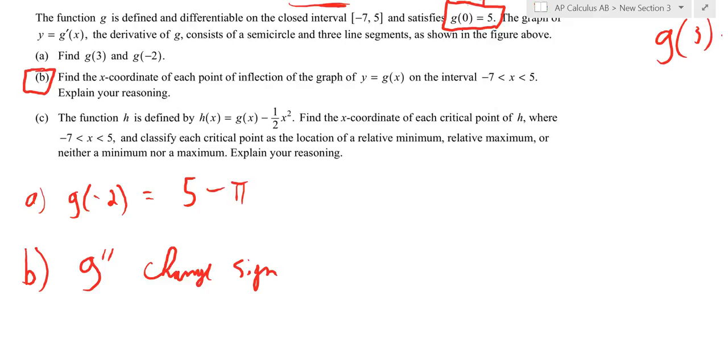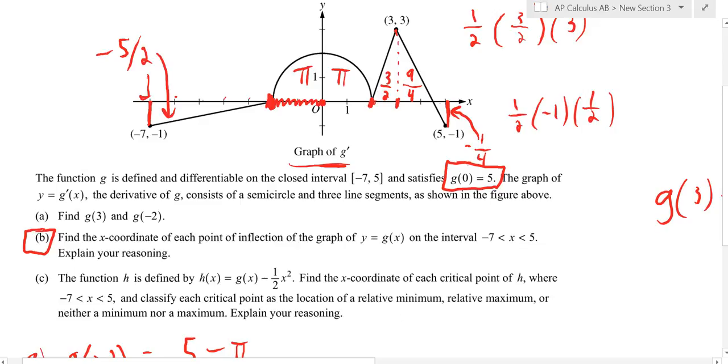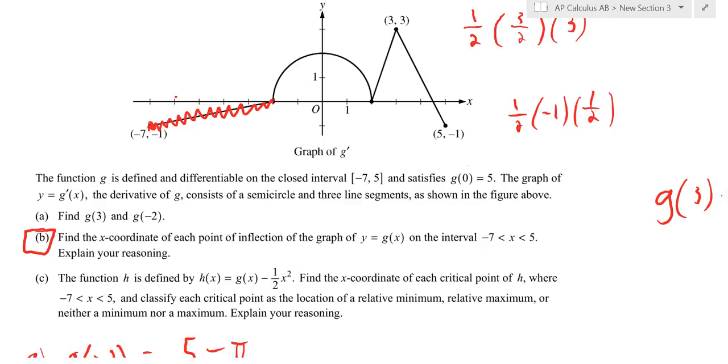Okay? Now we don't have g double prime. We have g prime. Cool. However, from g prime we can look at this. I'm going to erase all these areas for a second. I'm going to be annoyed by that later on, but let's erase all these areas. What's g double prime on this interval? Positive or negative? A lot of uncertainty.